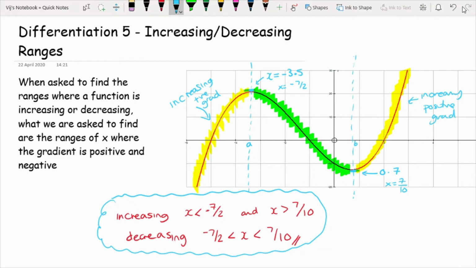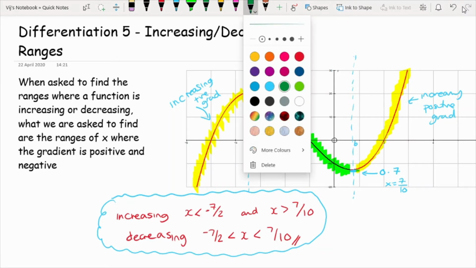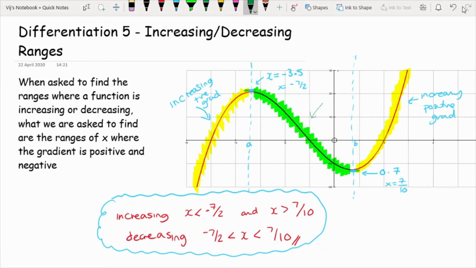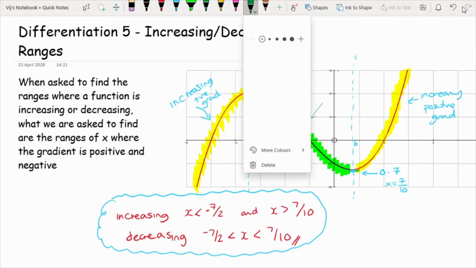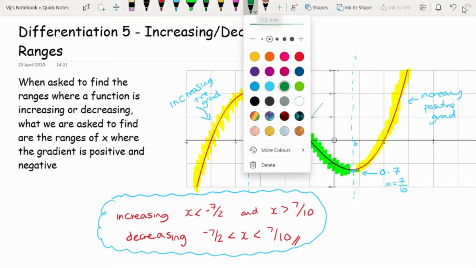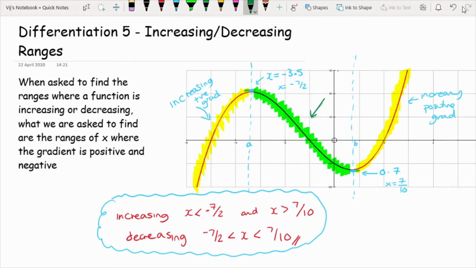And in the green section, here we've got decreasing, as we have a negative gradient.